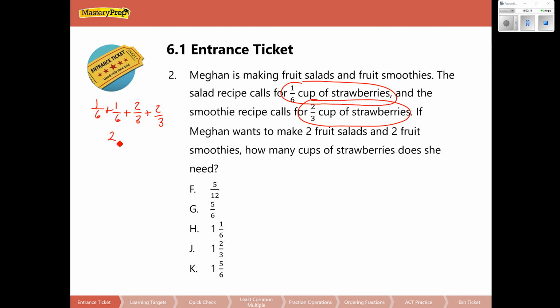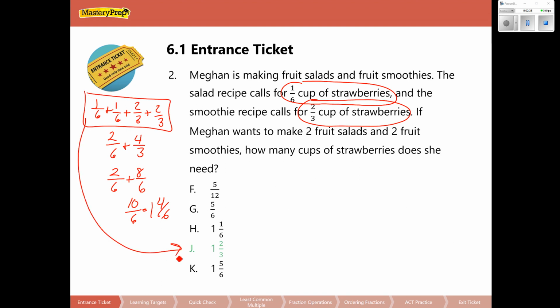So we're saying 2/6 plus 4/3. We could plug this into a calculator, or if we did it by hand, 10/6, which is 1 4/6, which reduces to 1 2/3. Or you could have plugged this into the calculator from the beginning and gotten straight to the answer.